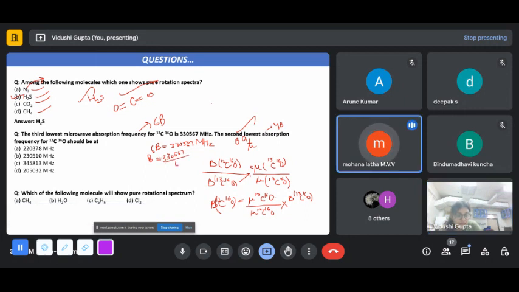Substitute the value here. First option. Anyone else have solved it? Let's see what will be the answer.